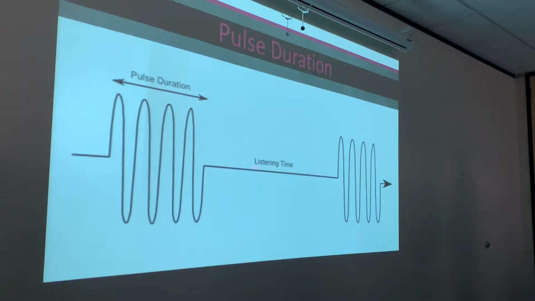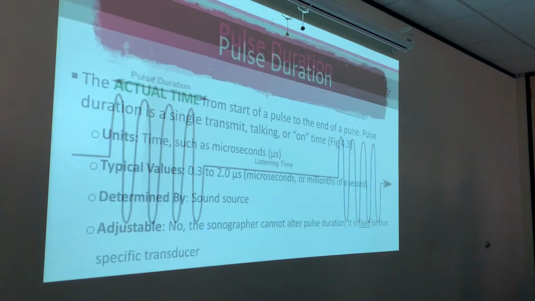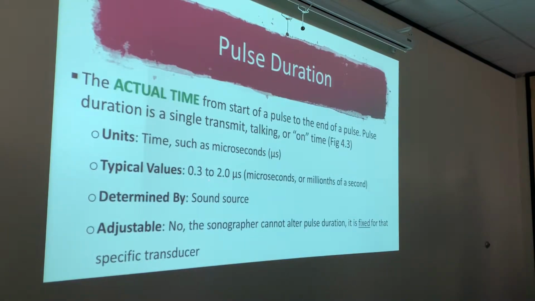So it's 4 cycles right here. Let's say our period is 0.5. Therefore, our pulse duration, 4 times 0.5, is going to be 2. Doesn't that fall within the diagnostic range?